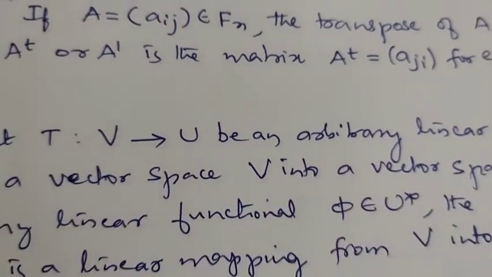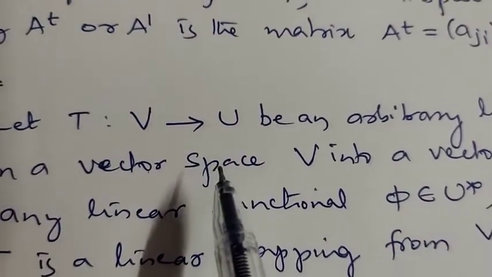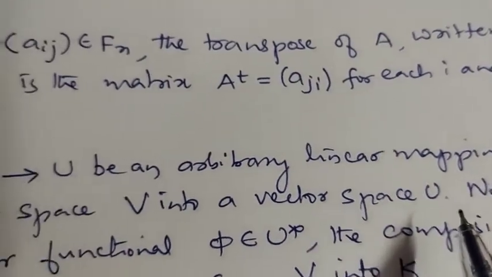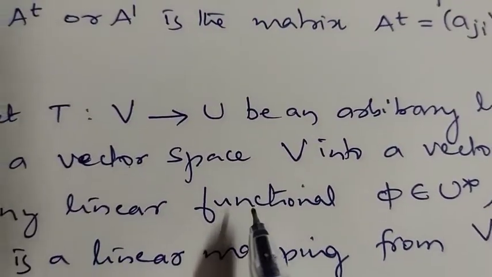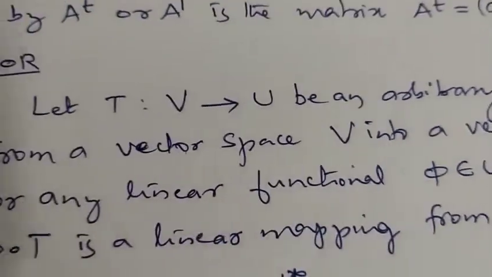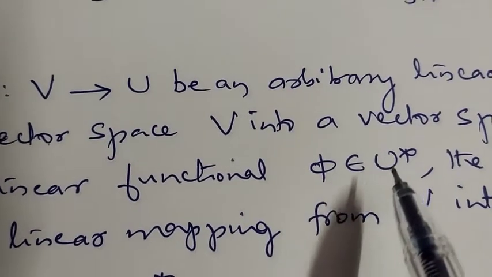Now look here. If T from V to U is an arbitrary linear transformation from a vector space V into a vector space U, then consider any linear functional phi belonging to U star. What is U star?